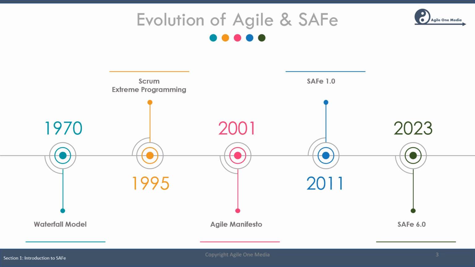In 2011, SAFe 1.0 was introduced, and this focused on essentially how to deliver systems with multiple teams in multi-sprint planning timeframes. In 2019, SAFe 5.0 made an appearance. The scope now encompasses business agility based around the 7 core competencies. And then in 2023, we have SAFe 6.0.